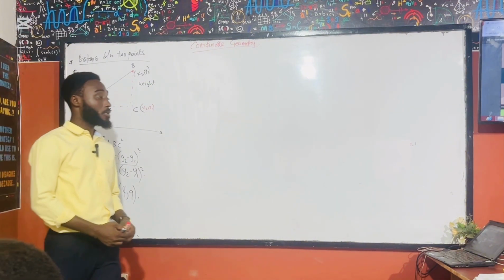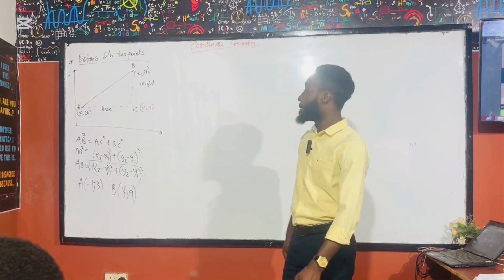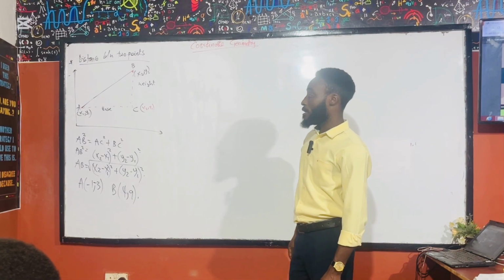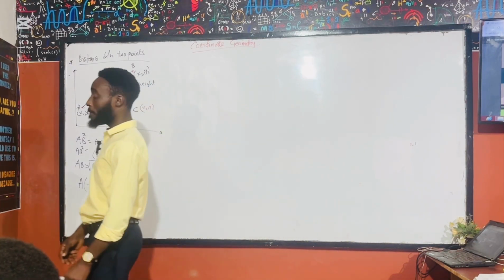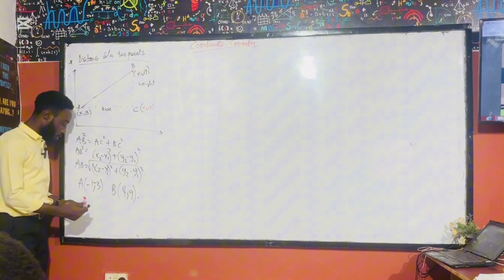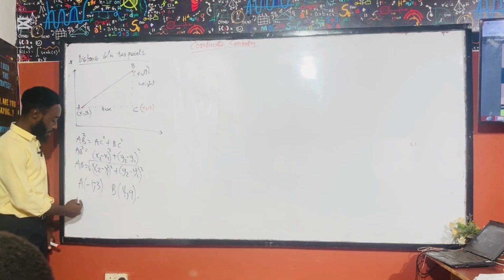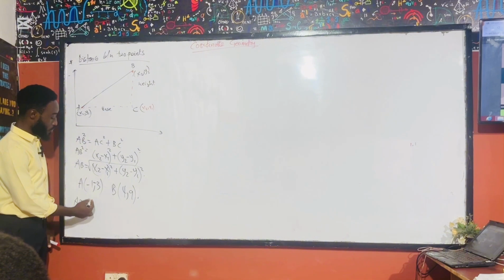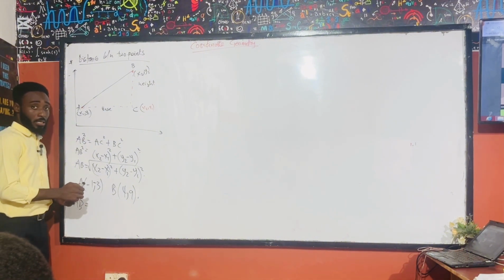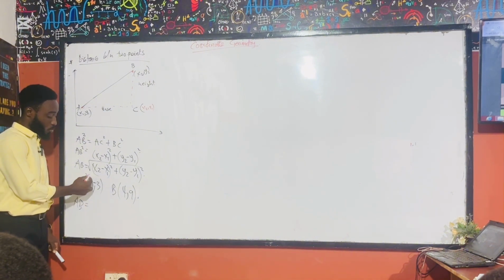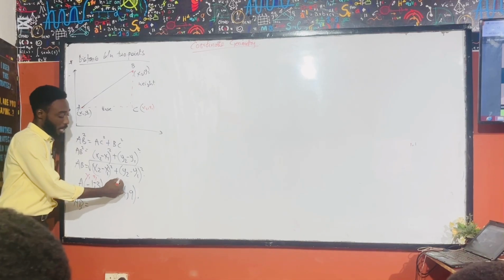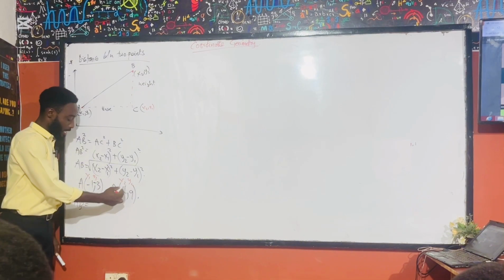So what is this going to be? Let's do it together. AB will be, we can say the minus 1 is going to be x1, y1, and then this is going to be x2, y2.